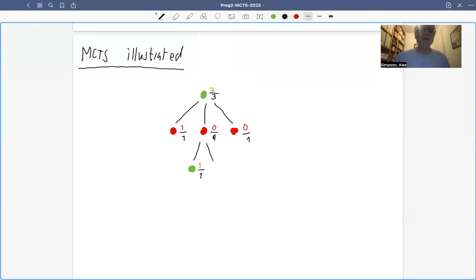Red still won 0, and it's now out of 2. And green's now won 3 out of 4. Okay, so that was the end of the 4th run of Monte Carlo Tree Search.